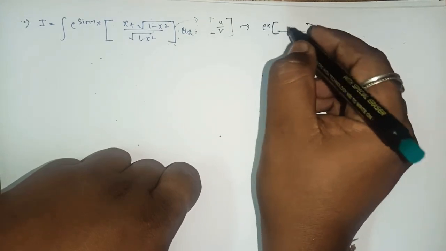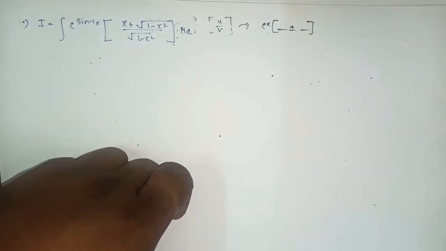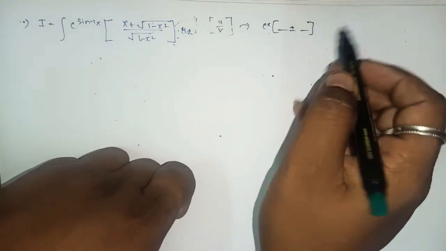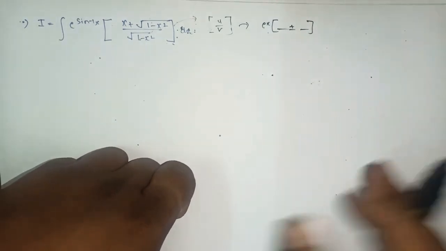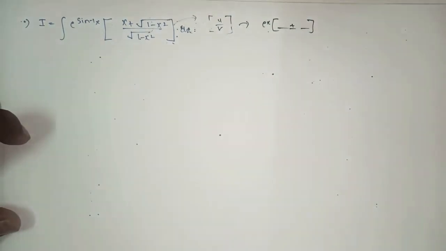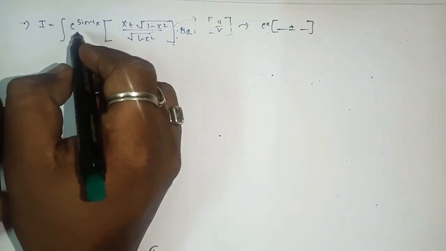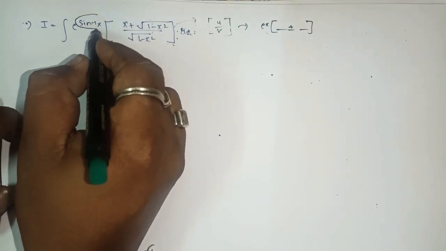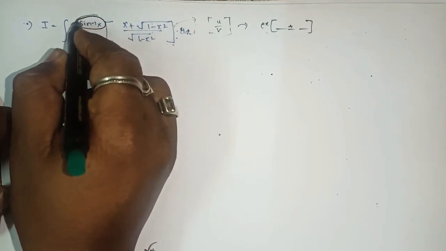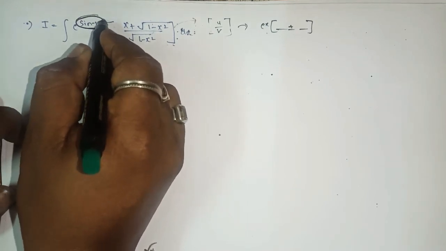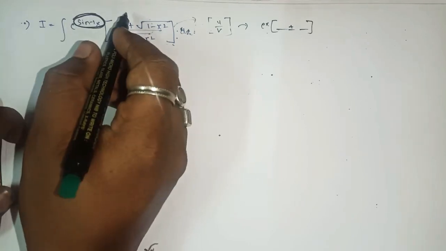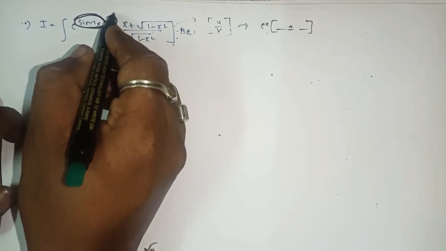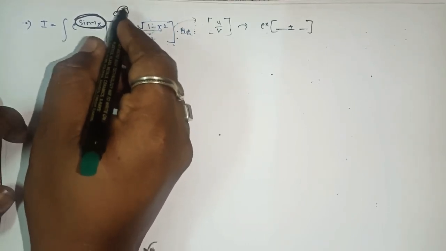Here the first part we'll consider as f of x and the second part as f dash x, or vice versa, the second part as f of x and the first part as f dash x. And here it should be e raised to x. Here x is replaced by some other term. It has to be e raised to x only, yes or no, or e raised to t if we put t.